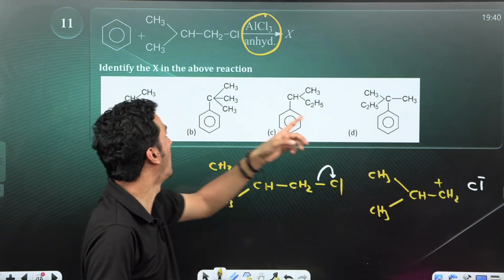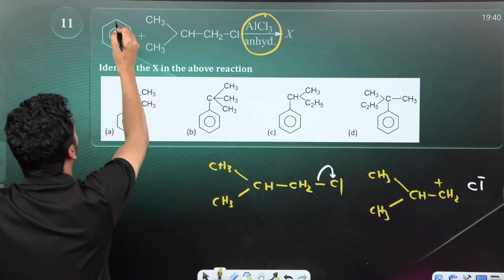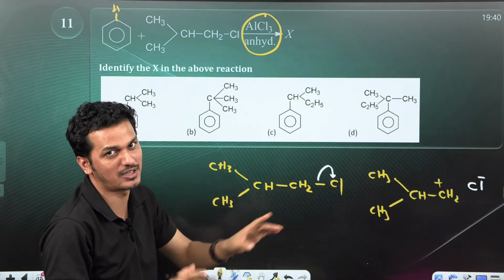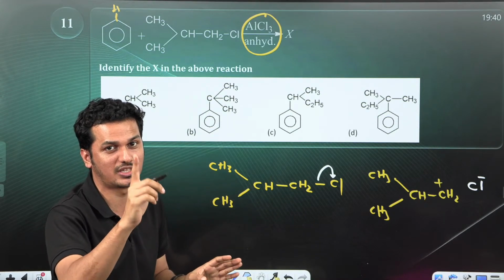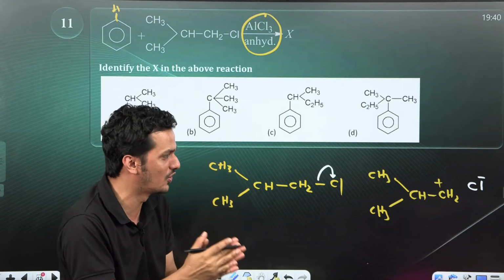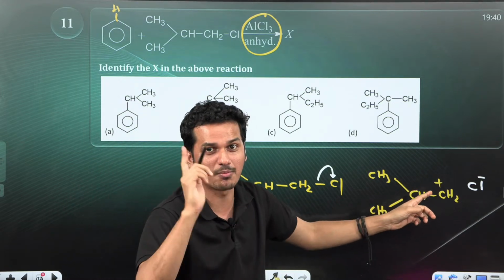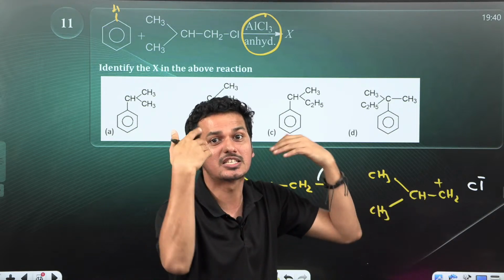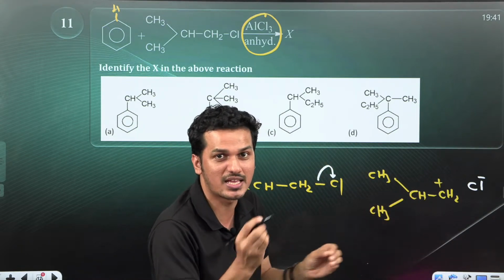This electrophile will go and replace the hydrogen in the benzene ring, you may be thinking like that. But it does not happen like that. Yesterday in the last discussion of GOC, I told you this is a carbocation. This carbocation will always try to become stable. For that they will undergo some rearrangement.